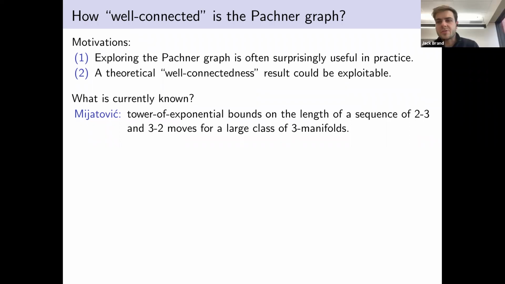Did Mijatović prove his result using spines as well? That's a great question, because I haven't read Mijatović. I think Mijatović actually works in triangulations, which is a bit nuts. He has four papers that do this for different classes of 3-manifolds, which is why I don't say all 3-manifolds, because I don't think he gets all of them.